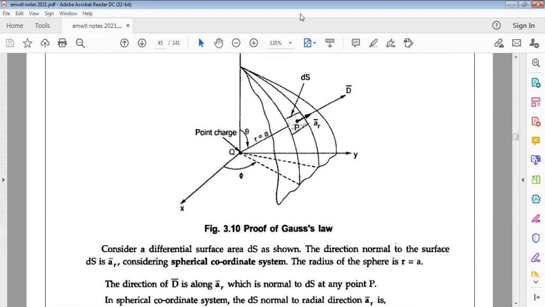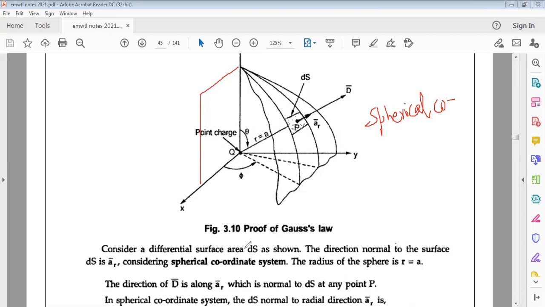We already have a plane. That plane is moved towards the right, which is the phi direction, with a radius of r. That radius you can consider as A, and the theta is also there. So we can consider this a spherical coordinate system, having phi, the radius r, and theta.